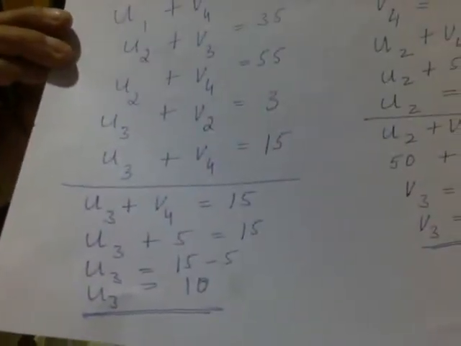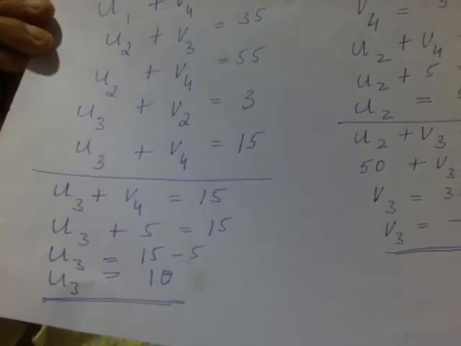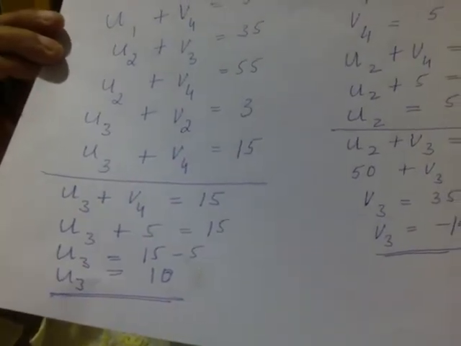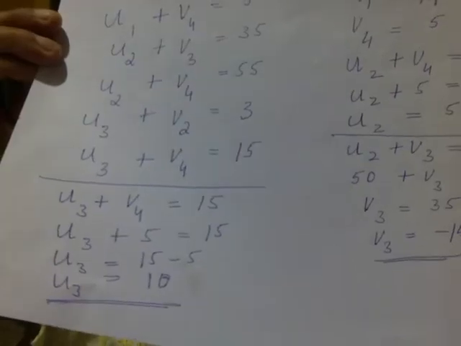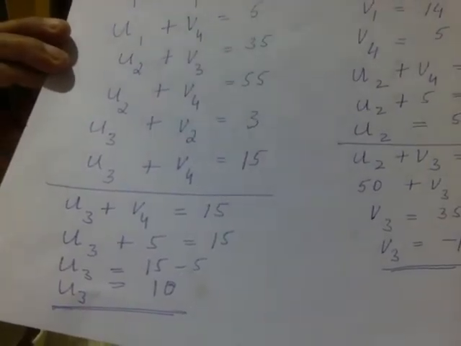Since you already know V4 from the top, V4 is equal to 5, you have U3 is equal to 10.